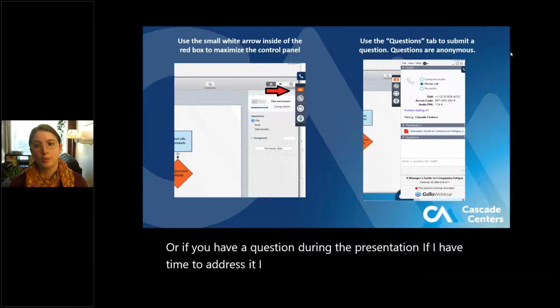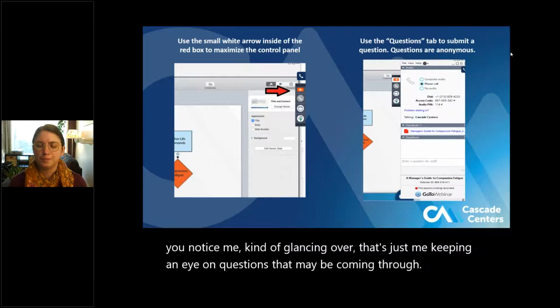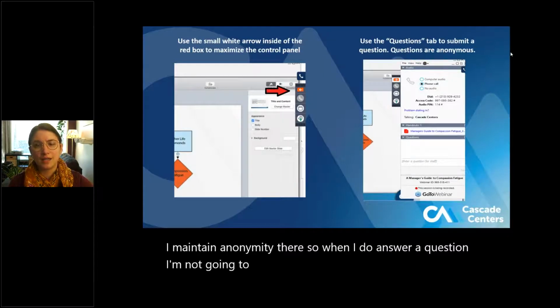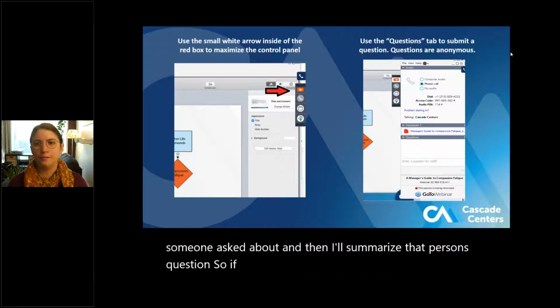Type that into the questions box. If you notice me glancing over, that's just me keeping an eye on questions coming through. And I maintain anonymity there. When I do answer a question, I'm not going to say who asked it. I'm just going to say someone asked about, and then I'll summarize that person's question. So if there's any concern about anonymity, we default to that.